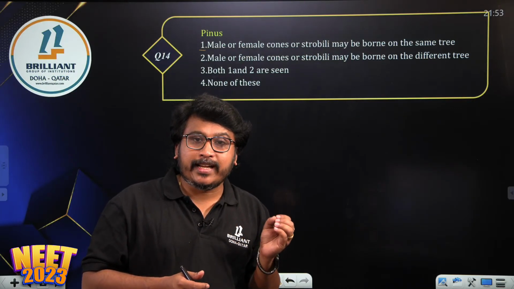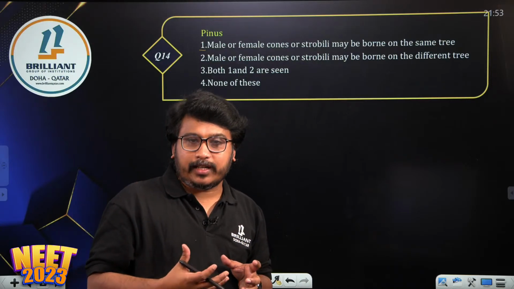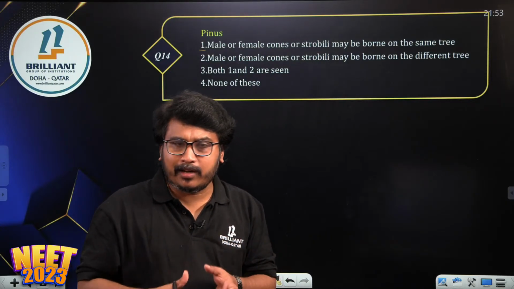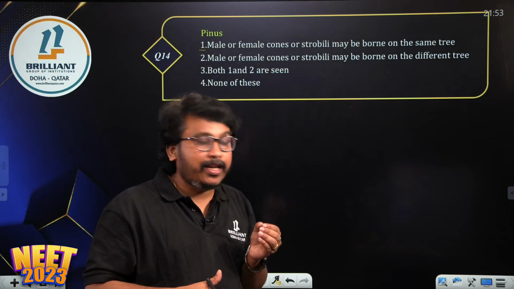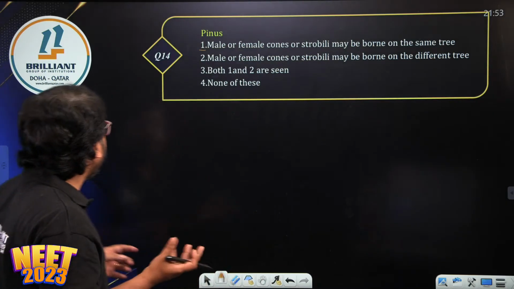Pinus is monoecious. Monoecious means their sex organs, male cone and female cone, both are actually located in the same plant body. So they are monoecious.